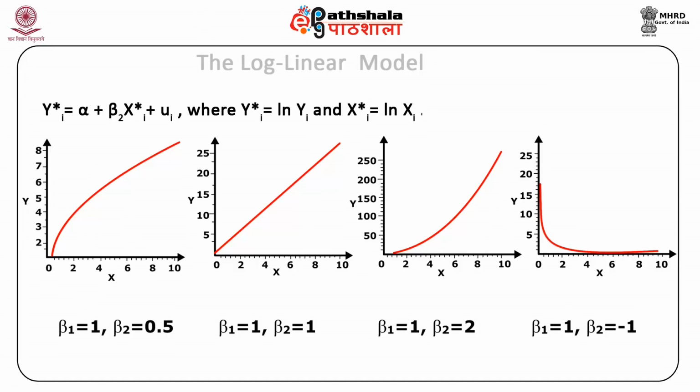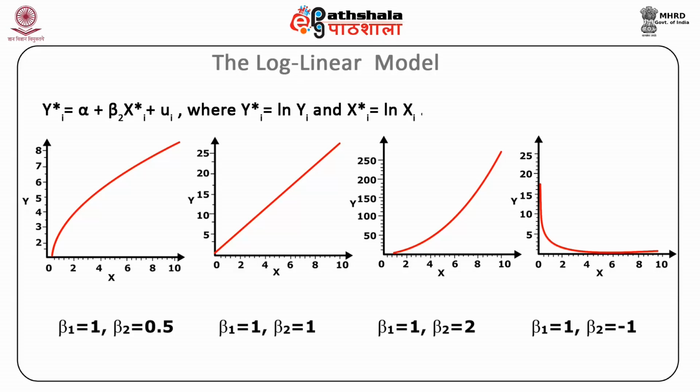The OLS estimators alpha hat and beta 2 hat obtained will be best linear unbiased estimators of alpha and beta 2 respectively. The slope coefficient of the log-log model, beta 2, measures the elasticity of y with respect to x, that is the percentage change in y for a small percentage change in x.